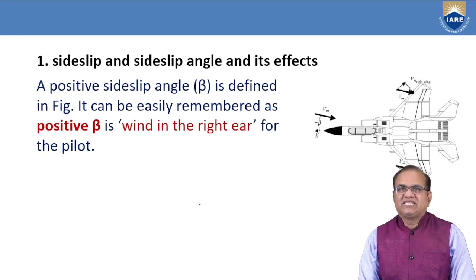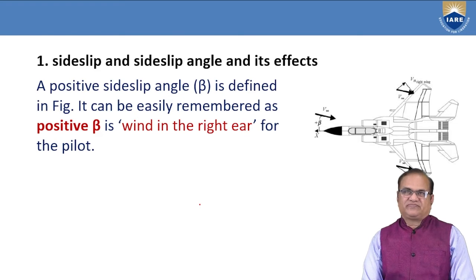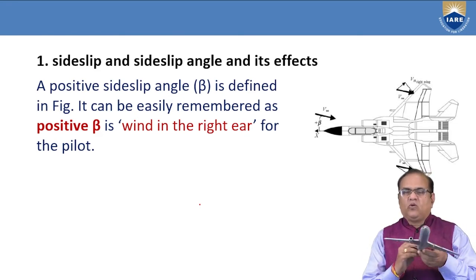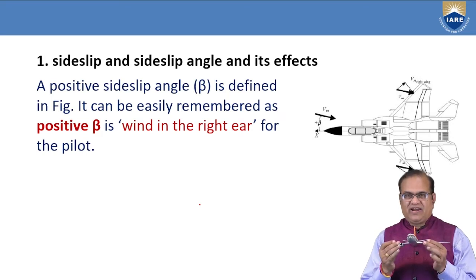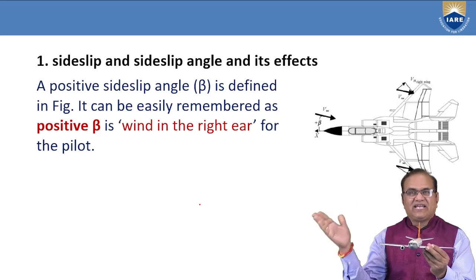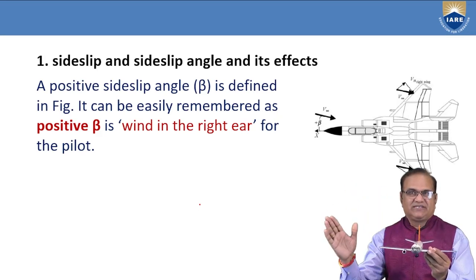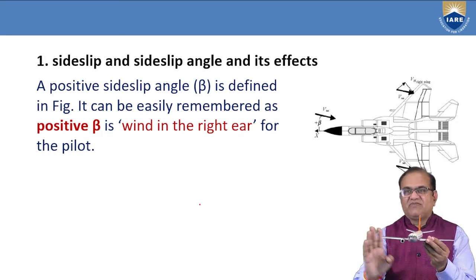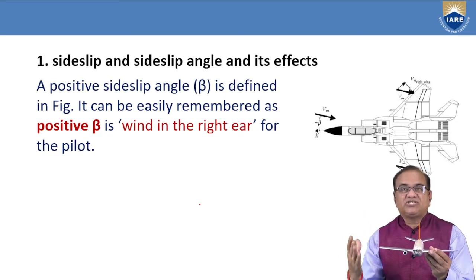Now we should discuss the side slip and side slip angle and its effect. I have just told you what the side slip is. If the aircraft is moving like this and some wind is coming from the right direction, or the right ear of the pilot, then if the wind is coming from the right side, it is called the positive side slip.